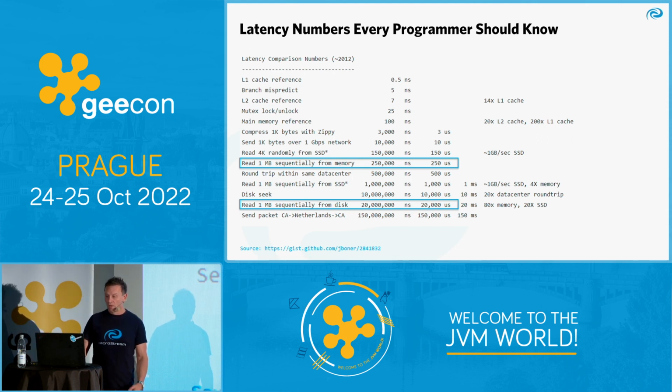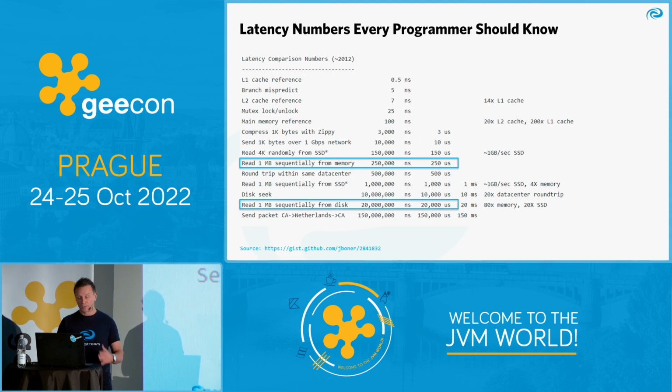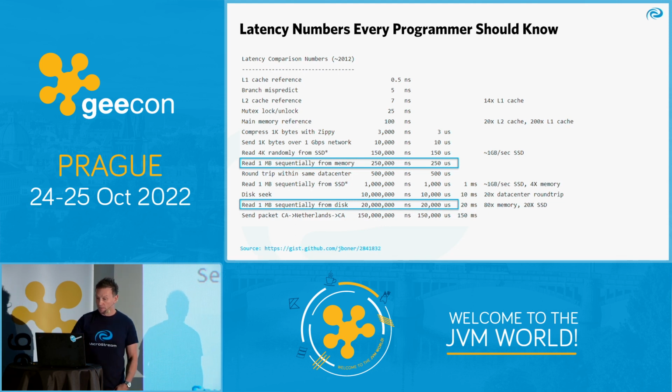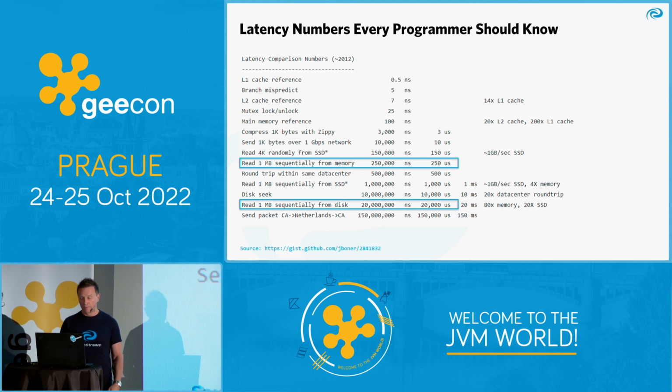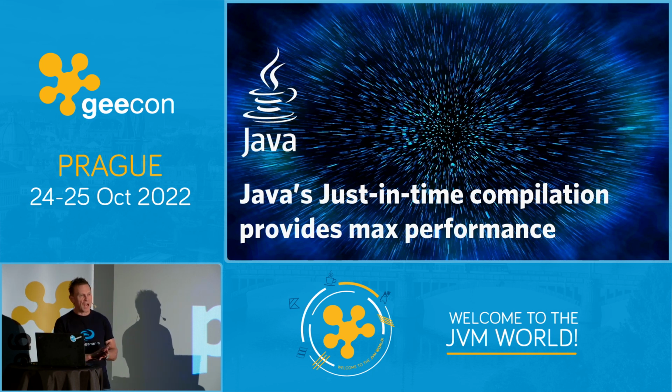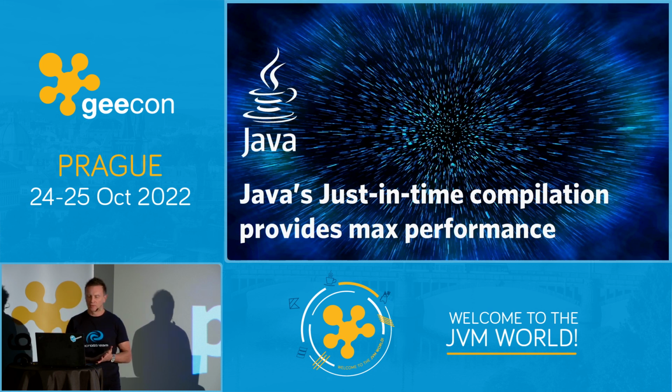It's up to 100,000 times faster sometimes in comparison to a hard disk, but mostly up to 1,000x faster. So if we can process our data in memory, that's cool. And we believe we do not need anything else but Java to do that, because of the just-in-time compiler of the JVM. Java applications are really fast, incredibly fast.